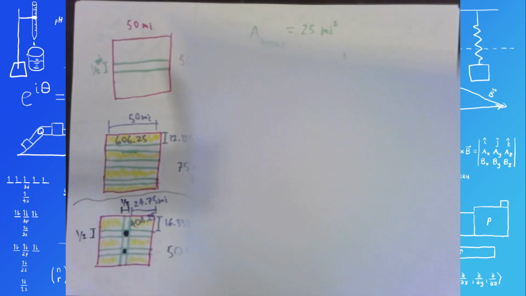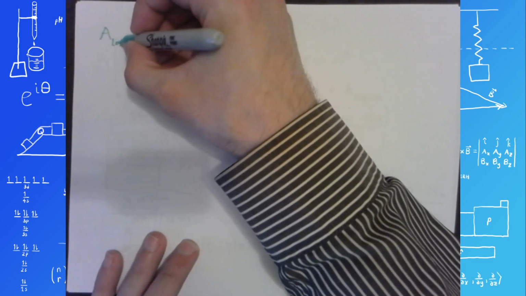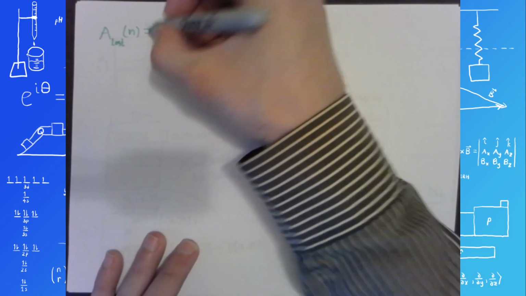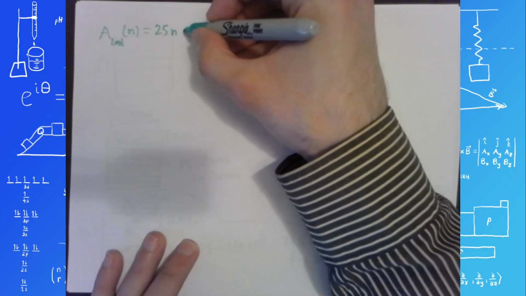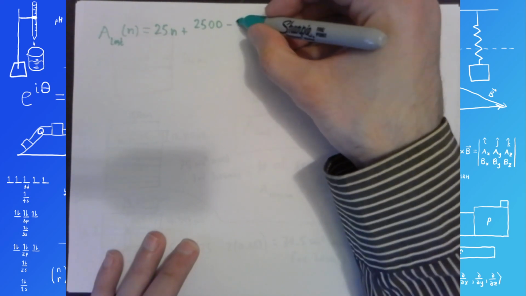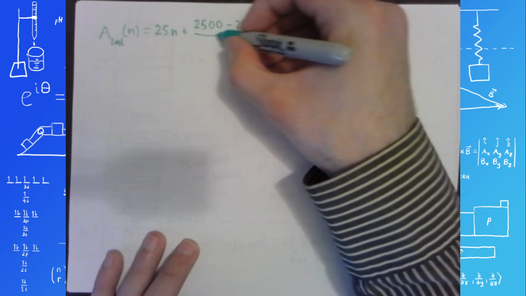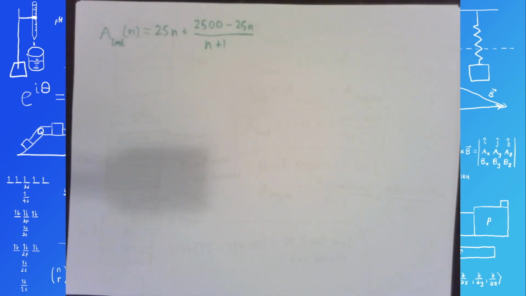I'm going to rewrite area lost as a function A lost of n equals 25n plus 2,500 minus 25n over n plus 1. We're going to treat this thing as if it's a continuous function, even though it's not.